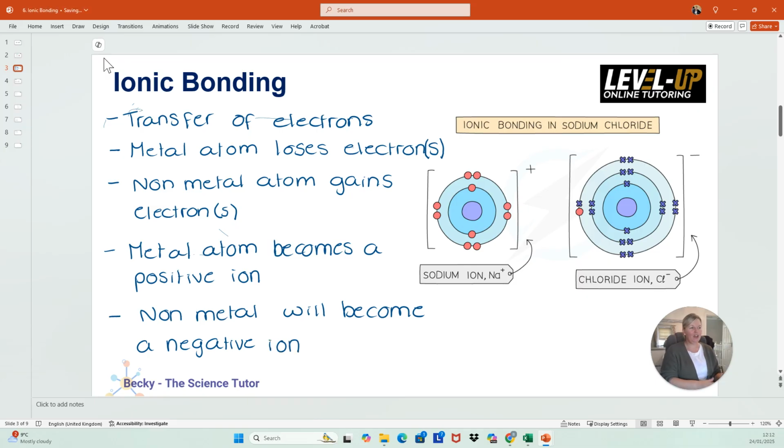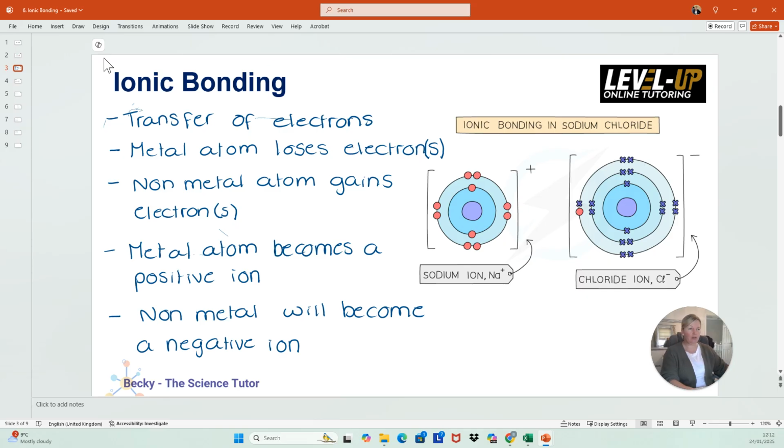Okay, so those are the rules of ionic bonding. Whatever combination is thrown at you, whether it's something out of group 1, group 2, group 6, group 7, whether it's gaining 1 electron, 2 electrons, whatever, these are the same rules. We know that the metal will always lose the electron.